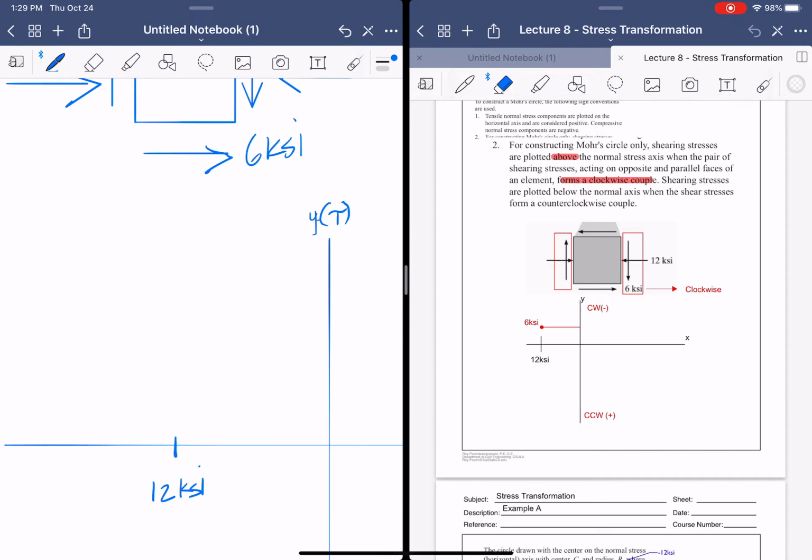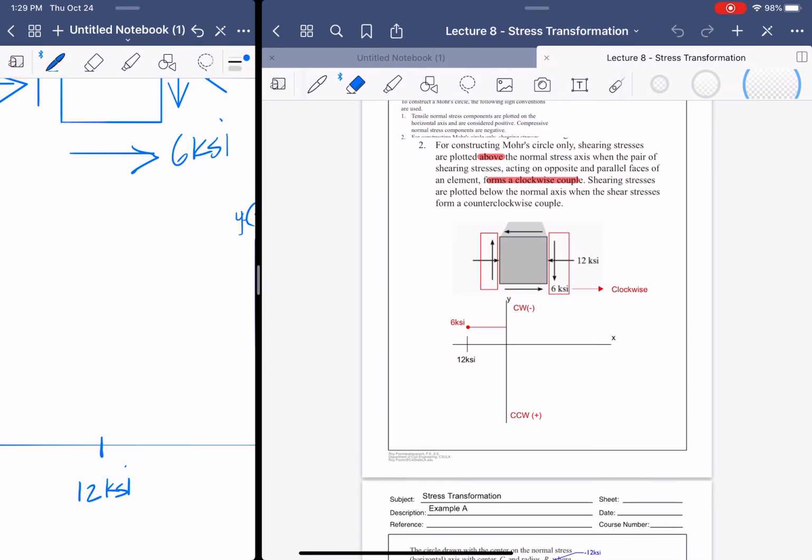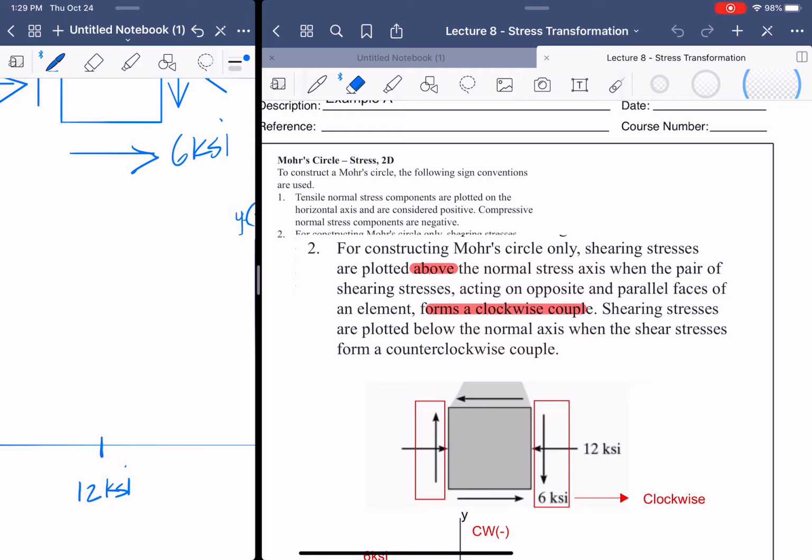Okay. And next, we'll be asked to draw the shear, okay? So I want you guys to look on this side right here. Now, this document right here is taken from the FE portion of the strength of materials. And in there, it says that for constructing Mohr circle only, shearing stresses are plotted above the normal stress axis, which is the top, when a pair of shearing stresses acting on an opposite and parallel face of an element form a clockwise couple, okay?